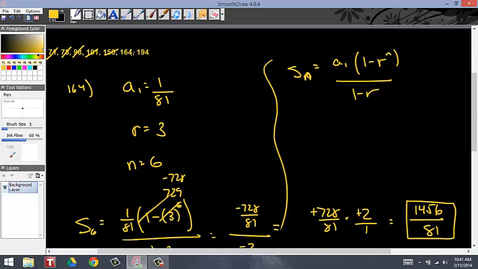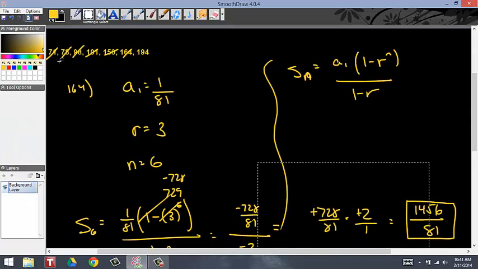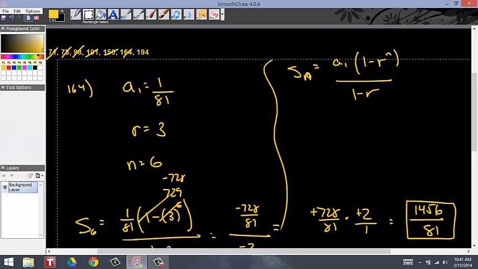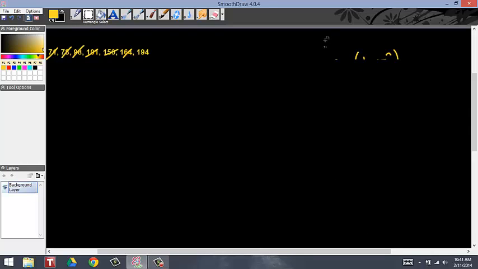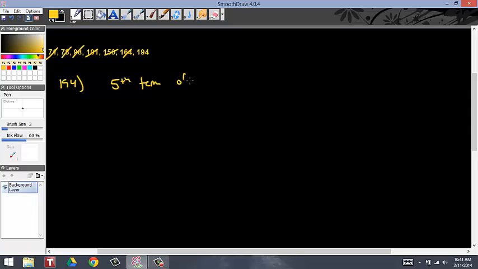Looks like 194 is the second to last. We're trying to find the fifth term of x over 2 minus 3y to the 8th.